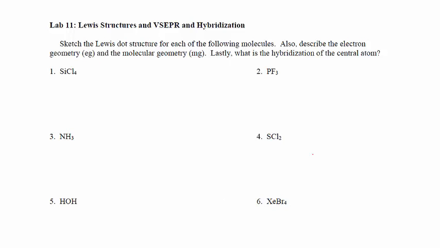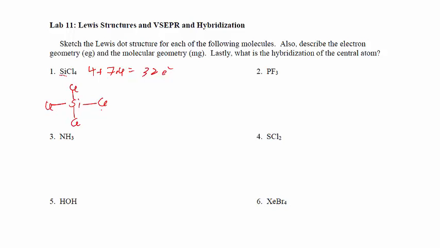Okay. Now for the fun stuff. In order to get a good valence shell electron pair repulsion theory structure, you have to have a good Lewis structure. So here I have 4 plus 7 times 4 equals 32. This is 28 plus 4, 32 electrons. Silicon has more ways to bond than chlorine, so silicon is in the middle, and you have bonds to Cl, Cl, Cl, Cl.